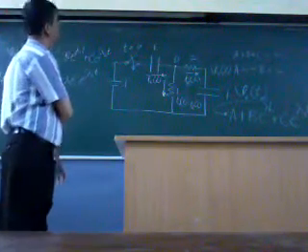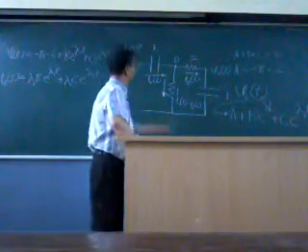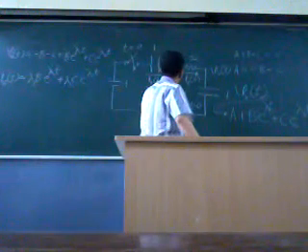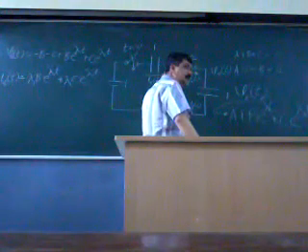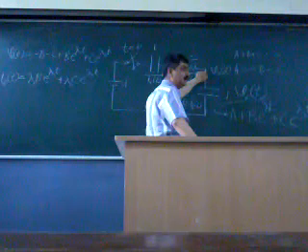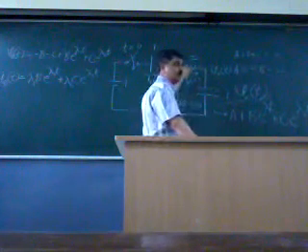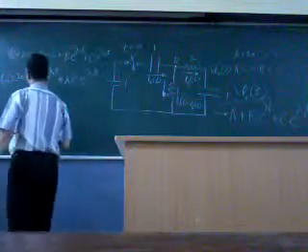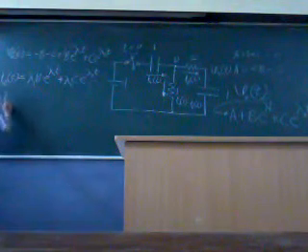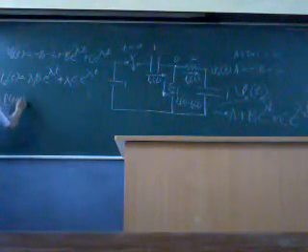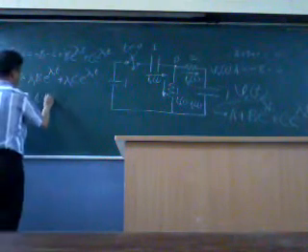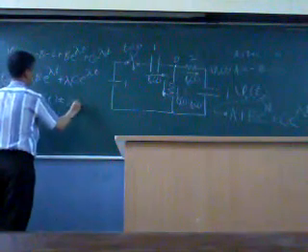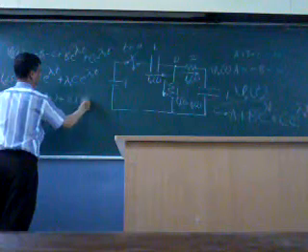So what would be VD(t)? VD(t) would be V0(t) plus 2 I2(t). Am I correct?